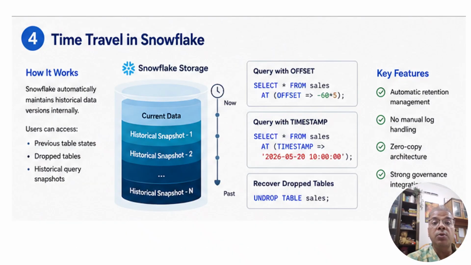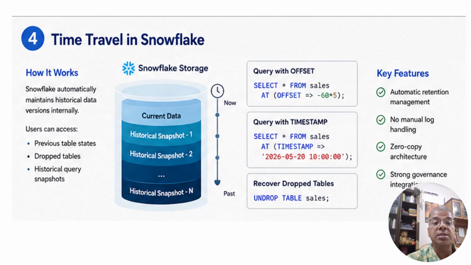Cool. Now let's look at Snowflake's approach. Snowflake also provides time travel, but it works differently internally. Instead of transaction logs exposed to users, Snowflake automatically manages historical snapshots, snapshot 1, 2, and n, and metadata behind the scenes.